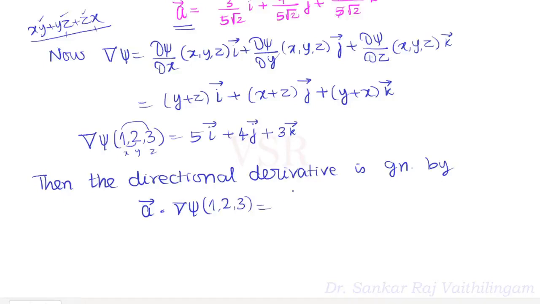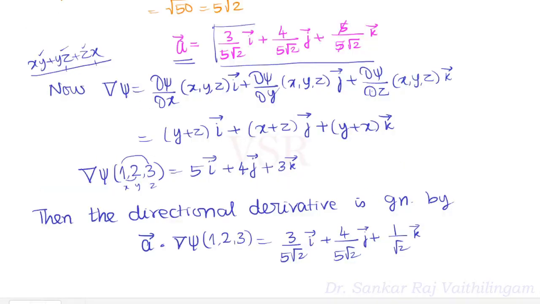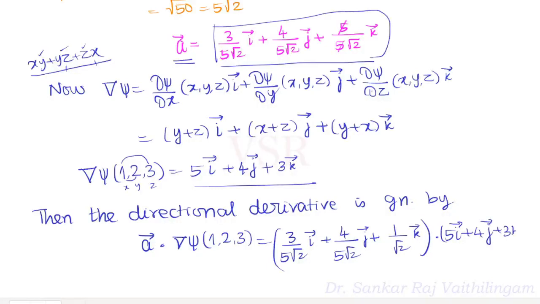The a vector is 3 by 5 root 2 i vector plus 4 by 5 root 2 j vector plus 1 by root 2 into k vector, dot product with del psi, which is 5i plus 4j plus 3k vector.